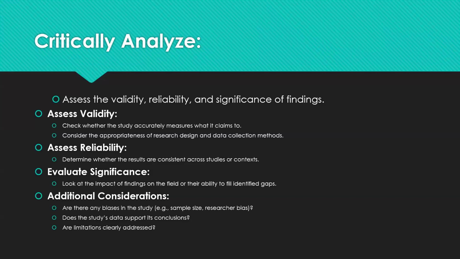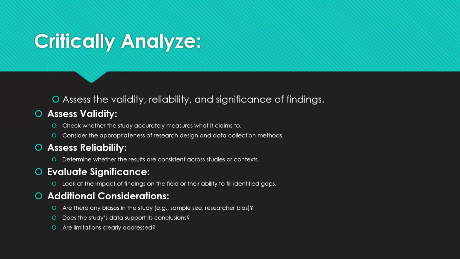The next one is additional considerations. Is there any bias presented in the study, like sample size, or the researcher introducing any bias? Whether the data supports the conclusions, or are there any inconsistent things? That has to be clearly addressed, and the limitations also have to be clearly addressed, and it should acknowledge all the factors like validity and reliability of the findings.